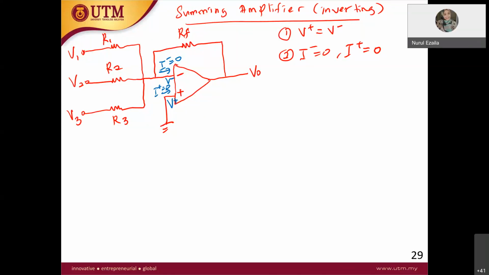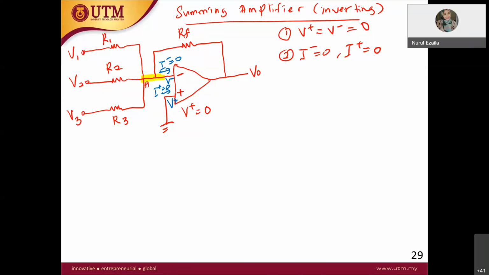Because your V plus is connected to the ground. V plus equals 0, so V minus also equals 0. Now I want to take the KCL at this node, node A.